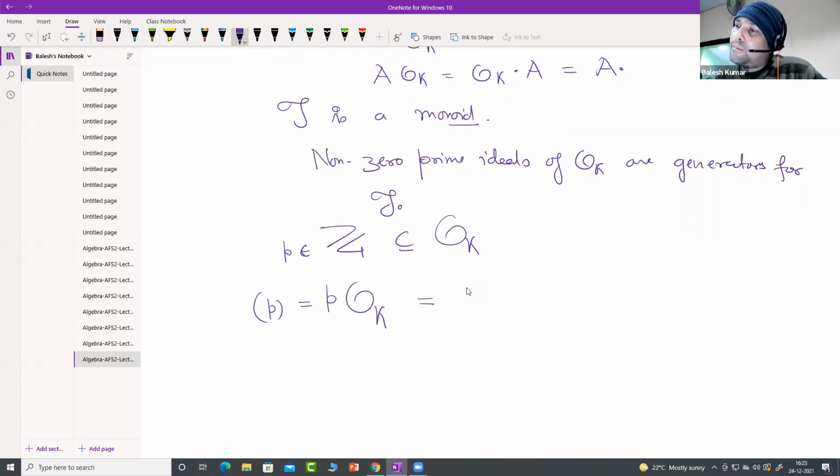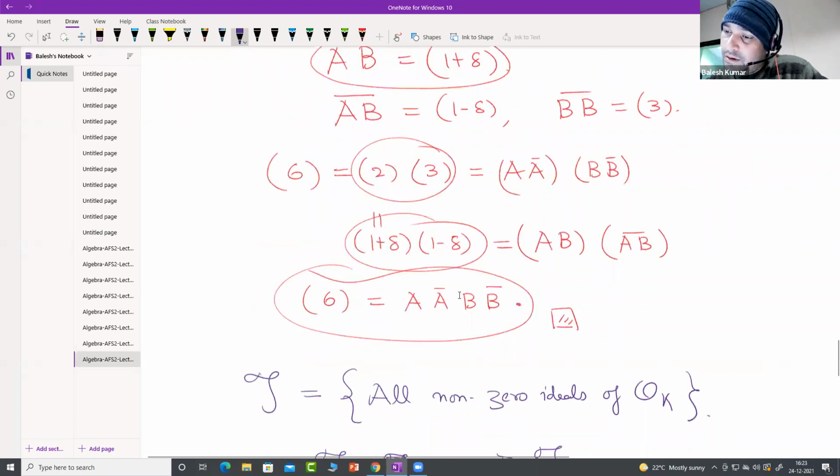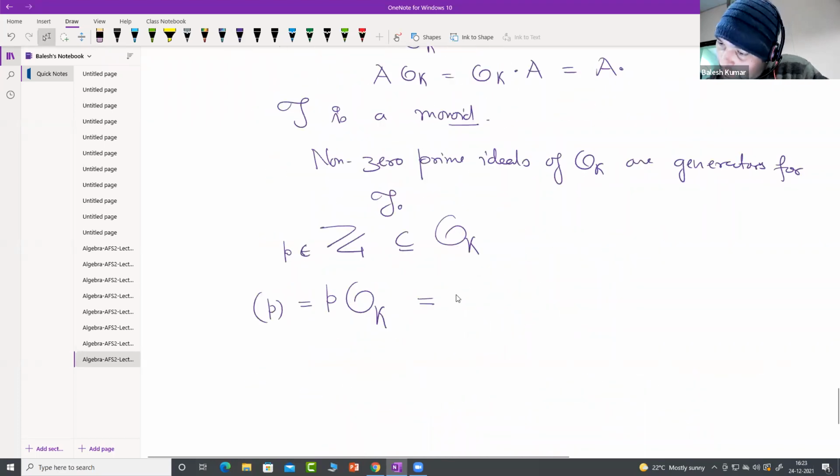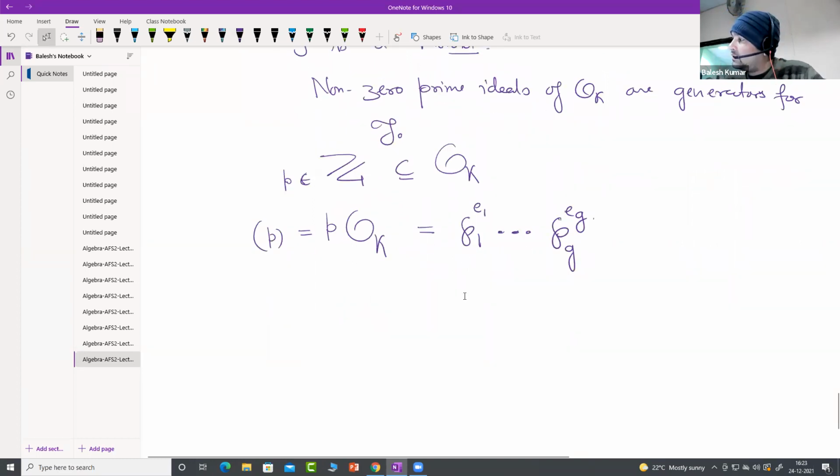When we say prime ideals, prime powers are included, because we are not saying a product of distinct prime ideals. So pOK can be written as P1 to the power e1 up to Pg to the power eg, where the ei are the powers of these prime ideals.